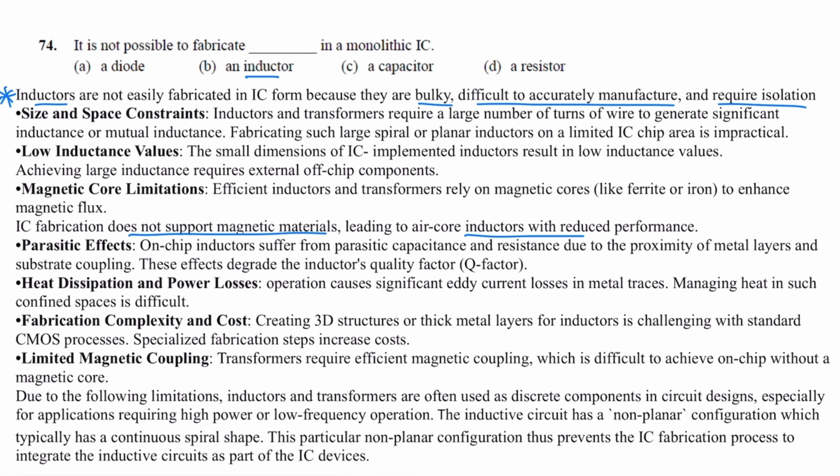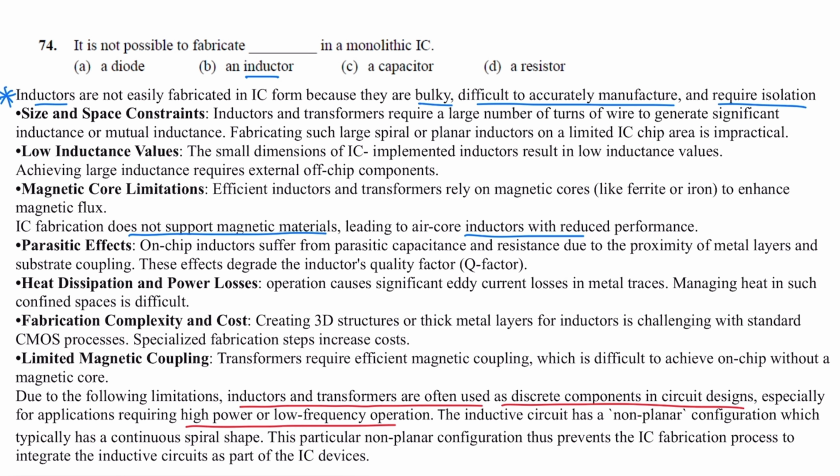Due to all the above limitations, inductors and transformers are often used as discrete components in circuit designs, especially for applications requiring high power and low frequency of operation. The inductive circuit has a non-planar configuration, which typically has a spiral shape.